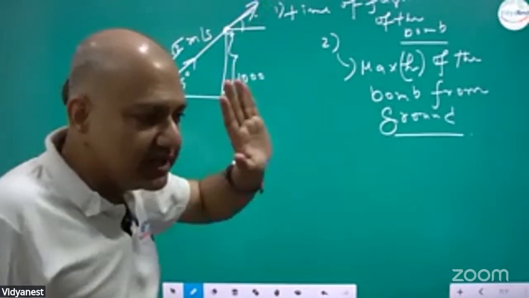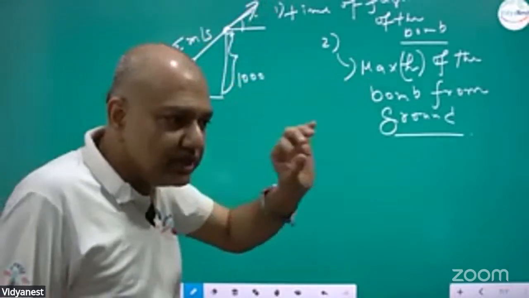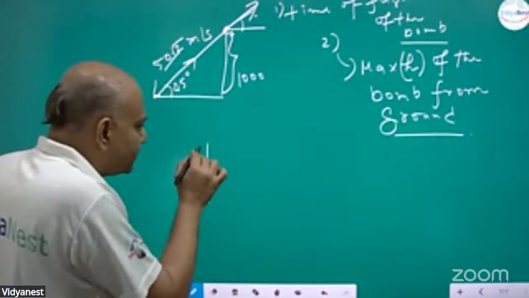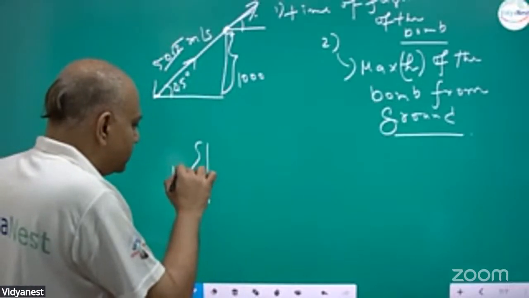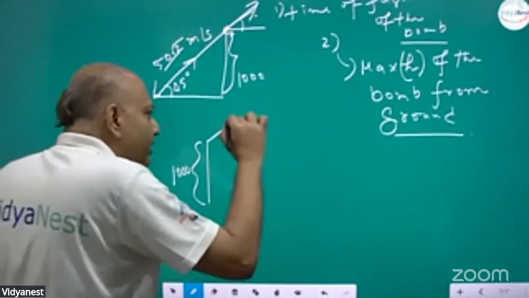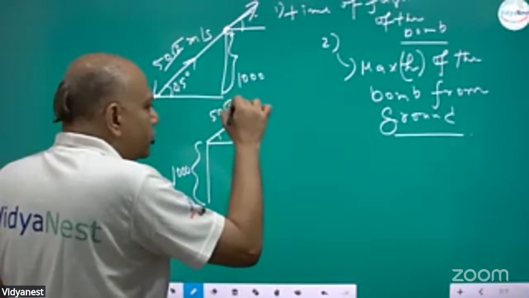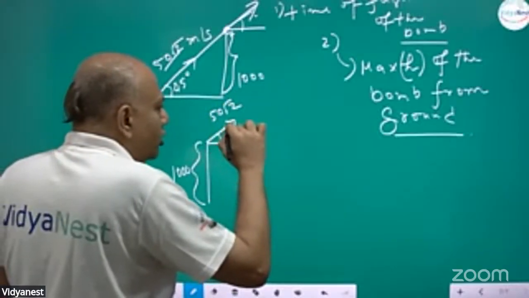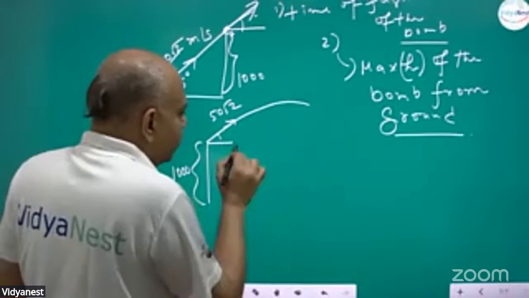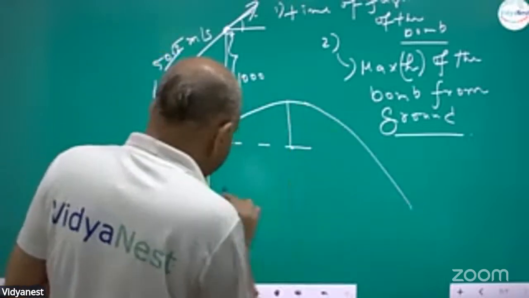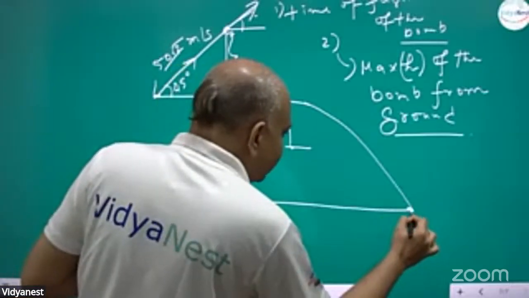Initial velocity 50 root 2, from a height 1000 meter, the bomb starts this way, reaches a maximum height, and then comes down and strikes the ground in this way.